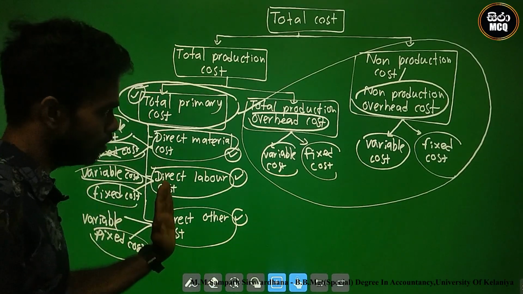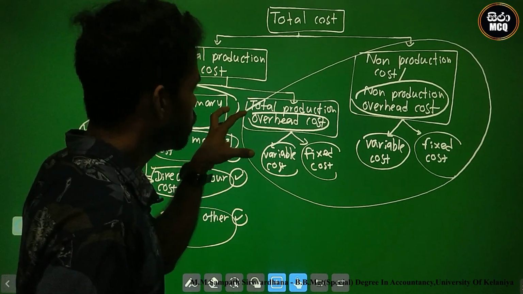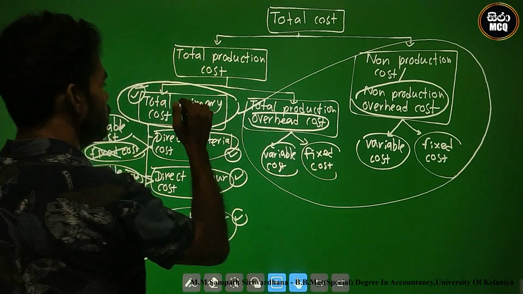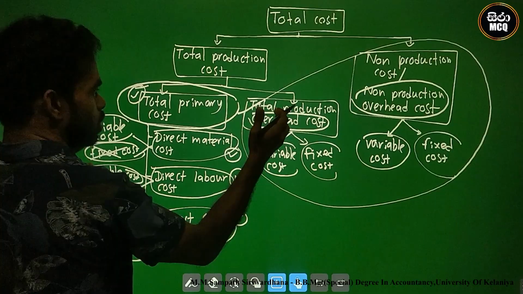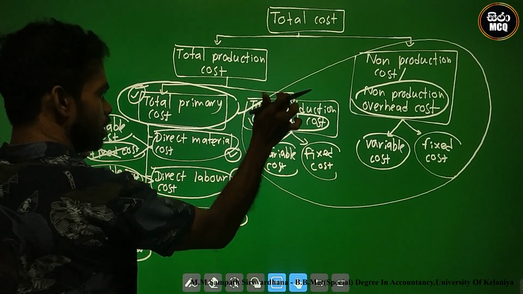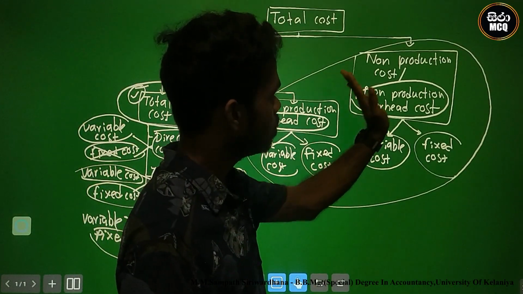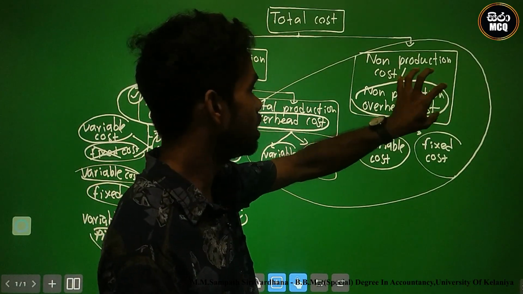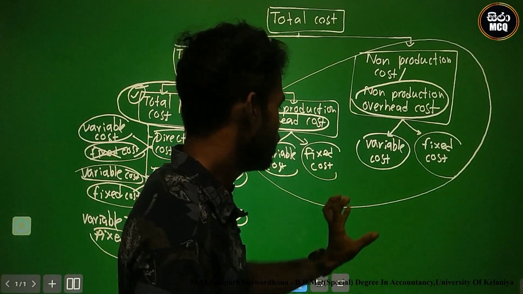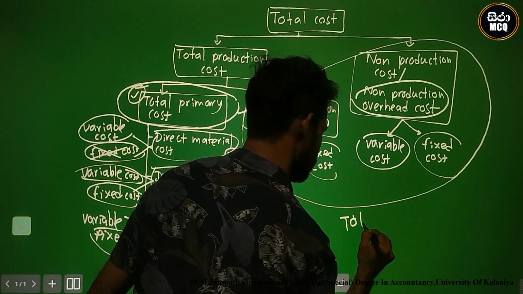Primary cost is identified plus total production cost. Therefore total production cost is identified. Why? Primary cost and production overhead can be identified based on the overhead identification. Non-production overhead is identified. Why? This is the total overheads.